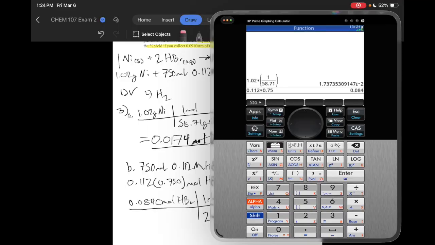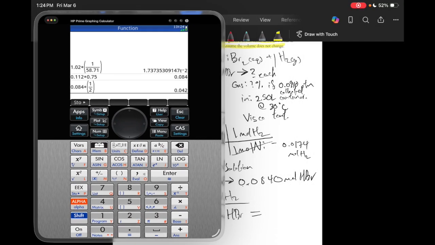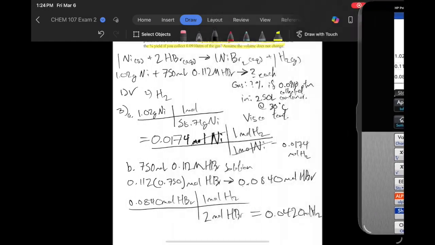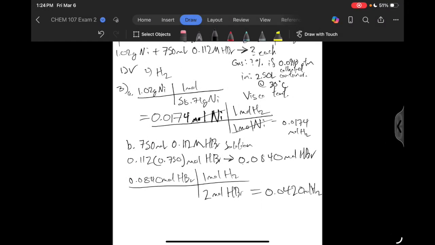Okay, putting that in our calculator, we have 0.0840 multiplied by 1 divided by 2. That's going to give us 0.0420 moles of H2.